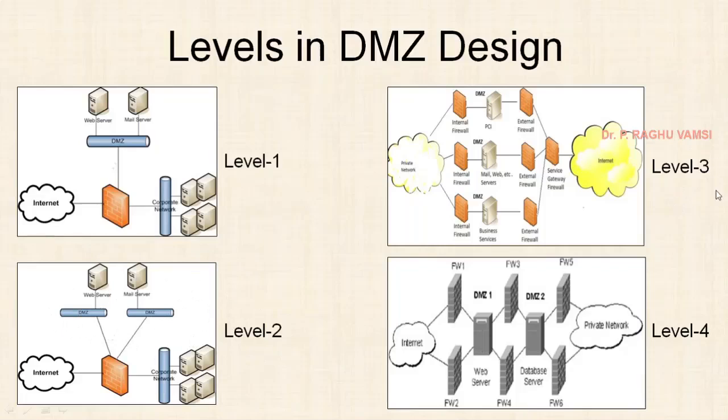In case of level 3, from the internet there is a service gateway firewall, and from there external firewalls. From the external firewall to the DMZ, from the DMZ to an internal firewall, and from the internal firewall to the private network. That means first level filter, second level filter, DMZ, third level filter, and internal network.